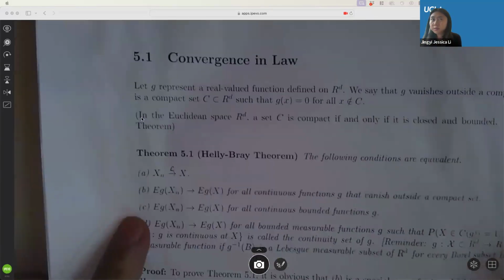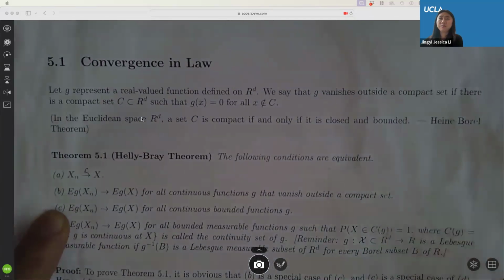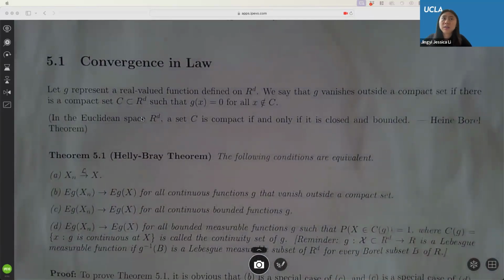So this is where we stopped last time, convergence in law. Convergence in law is the most general, the easiest way to satisfy. In other words, we just want to obtain this result, Xn converges in law to X. If this happens, then the distribution of X is called the limiting distribution for Xn.